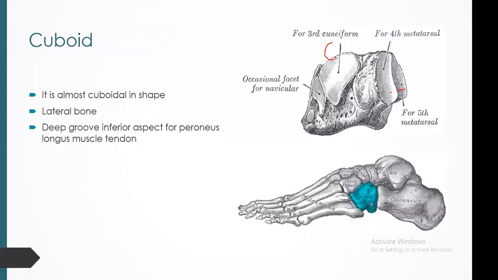You can see the 4th and 5th metatarsal bones and the cuneiform bone. These are the facets and the articulations it has with these bones, and posteriorly with the calcaneum.